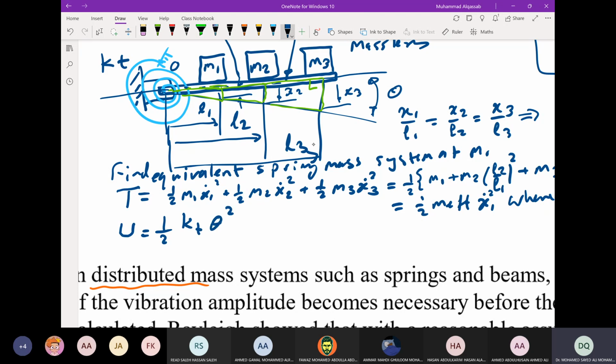This is torsional, and the unit of kT is Newton meter per radian. And here we need to replace theta in terms of x. We cannot have two different coordinates, just one coordinate. Theta is equal to x1 over L1.